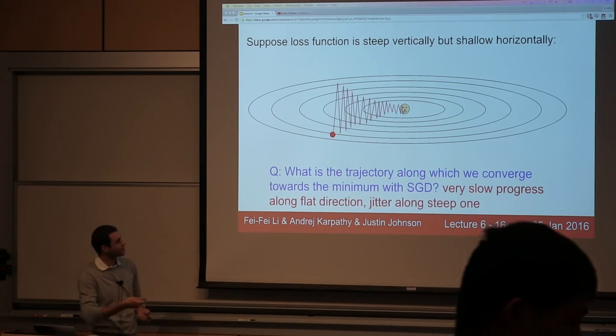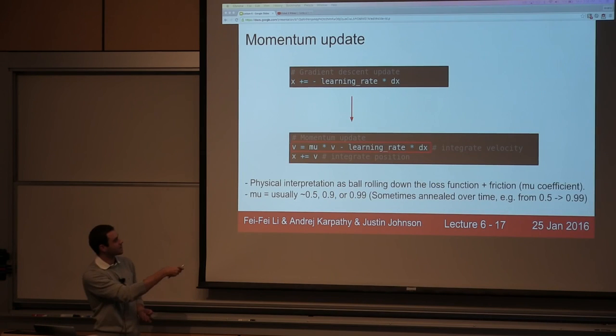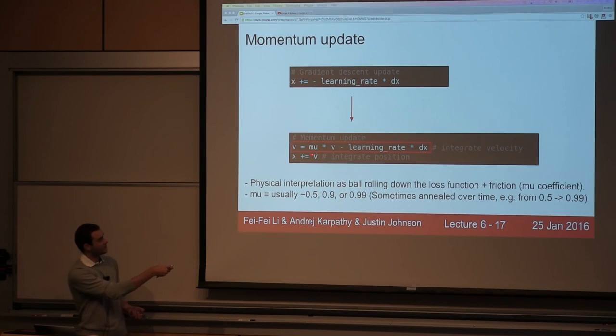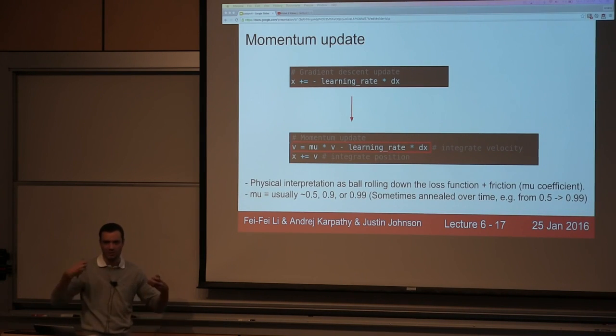And so acceleration is what we're computing, and the velocity gets integrated by the acceleration here. Then mu times v has the interpretation of friction, because at every single iteration, we're slightly slowing down. Intuitively, if this mu times v was not there, then this ball would never come to a rest because it would just jiggle around the loss surface forever, and there would be no loss of energy where it would settle at the end of a loss function. And so that's the momentum update.